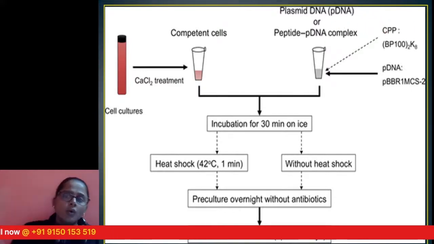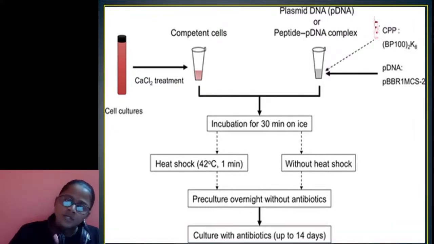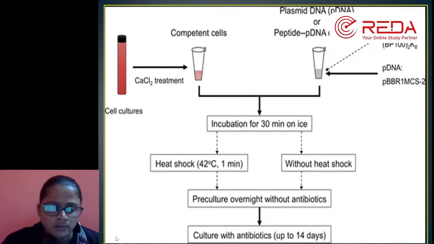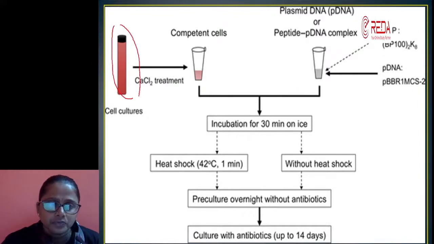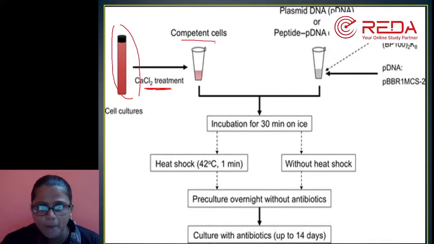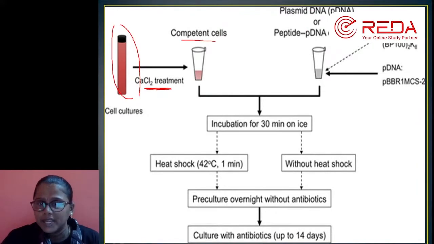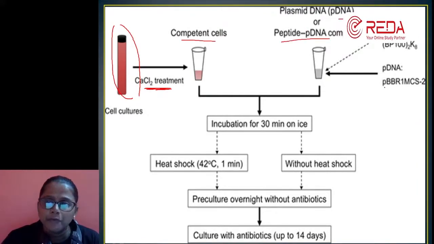So this is an overview which shows how the calcium chloride treatment happens. First, you are going to take a cell culture, treat it with calcium chloride, and here is the competent cell. You are going to inoculate this competent cell along with the plasmid DNA or peptide complex. So it's a type of pBR.